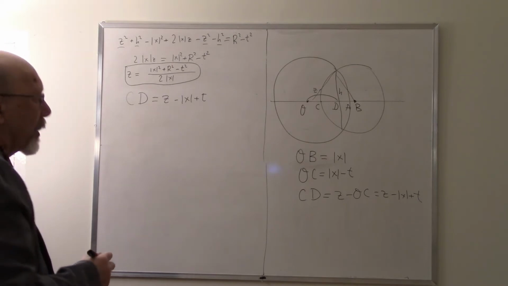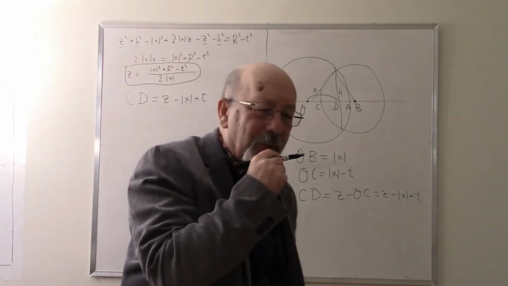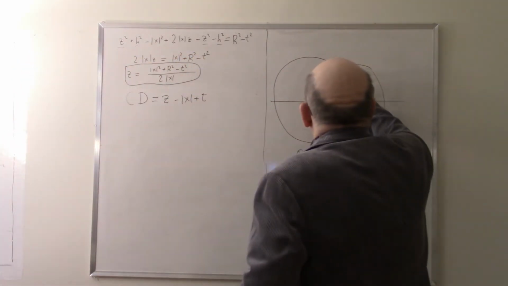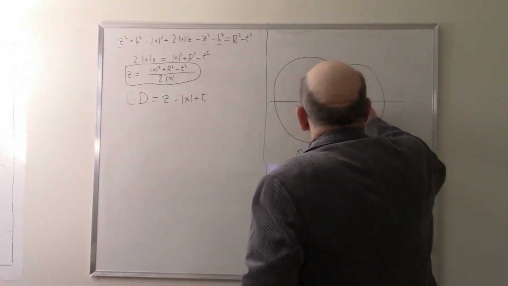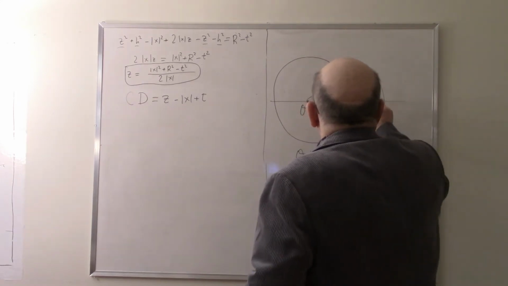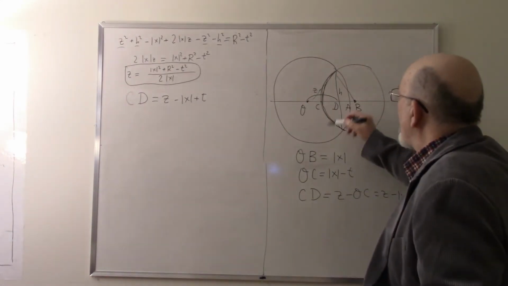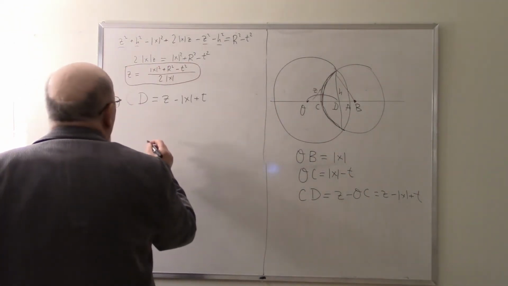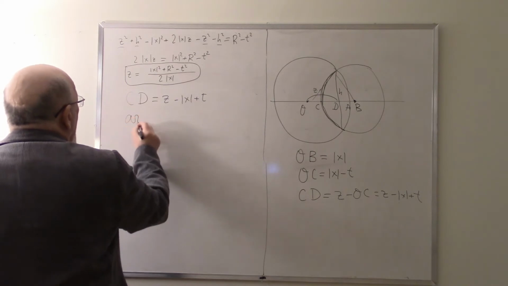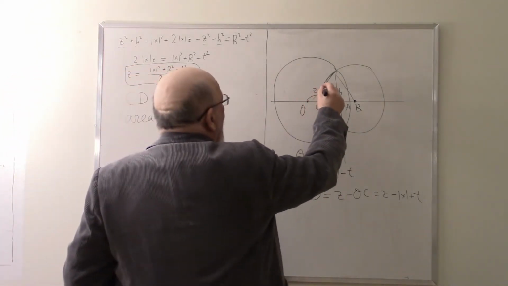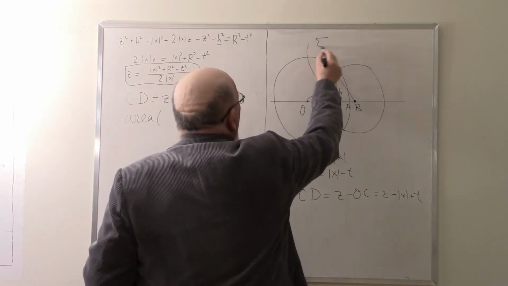And now by the Archimedes theorem, we have to find the area of this part of the sphere, with center at the point B and radius T. Let us call it sigma.